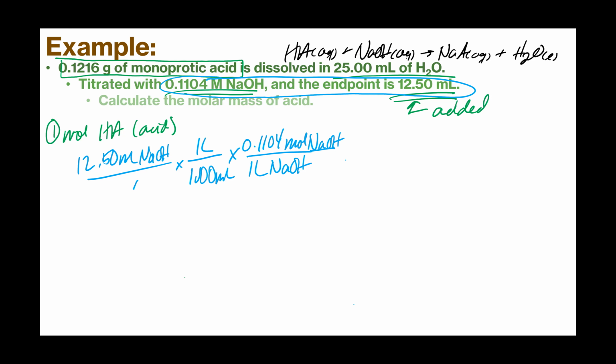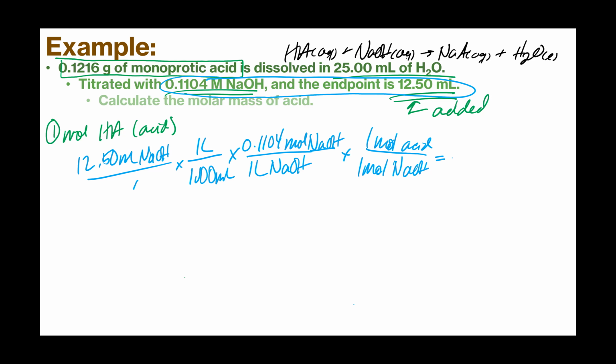We probably determined that by doing a standardization. Now, moles of sodium hydroxide. We need our equation to get to moles of acid. So that's 1 mole of sodium hydroxide for 1 mole of acid. You can call it HA if you wanted to.